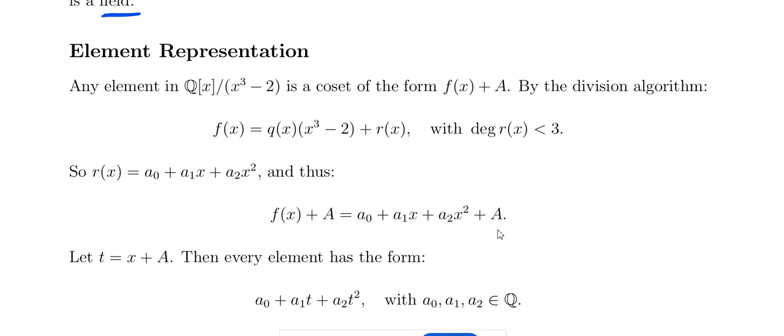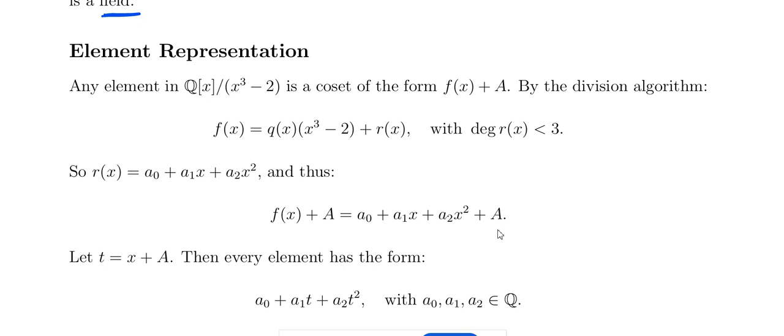So, the elements of Q of x divided by x cube minus 2: how to represent them? Already this is a field. The elements are cosets, of the form of a quotient function, f of x plus A. By the division algorithm, f of x equals q of x into x cube minus 2 plus r of x, where the degree of r of x should be less than 3.